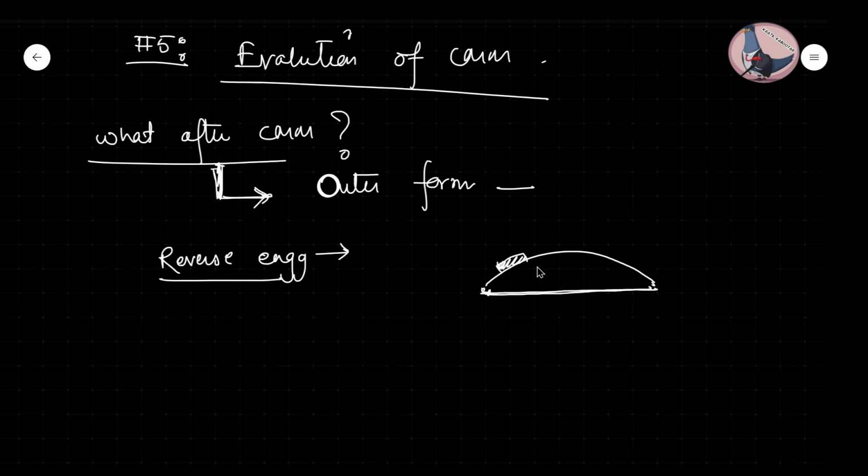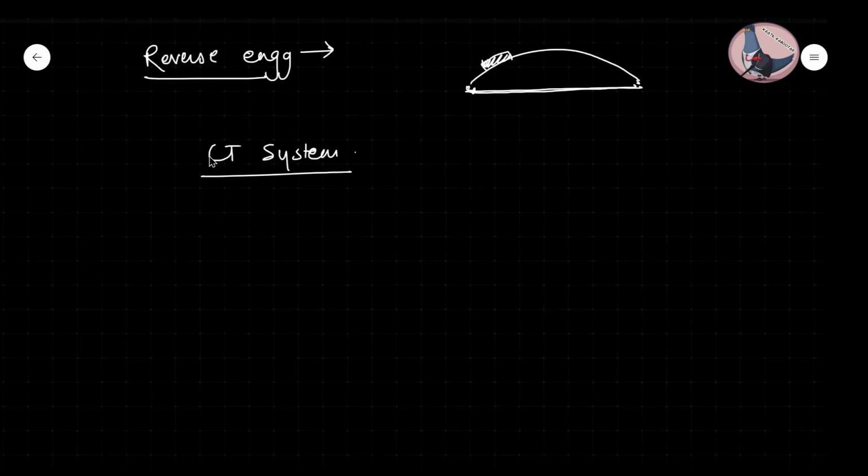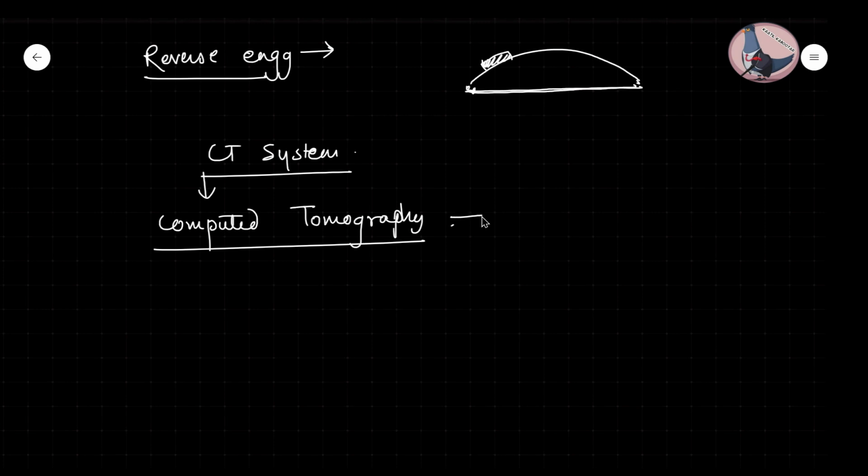To know about the inner things, you need a very advanced technology, and that advanced technology, which we use nowadays, is called the CT system. CT stands for computed tomography. This CT system and the CT scan you get done medically, like a CT scan for the head, are the same.